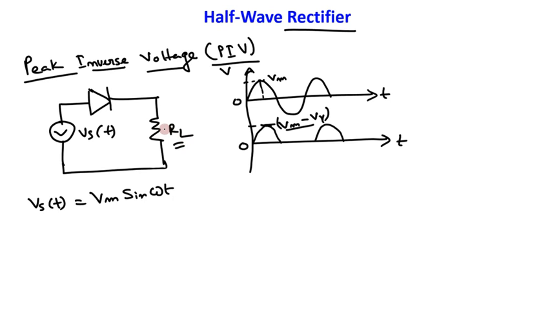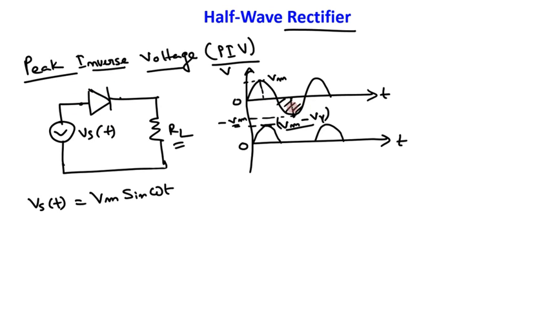Right. Now what is happening in the reverse bias cycle? Here there is no current, so nothing is flowing through this. It is open circuit. That means at reverse bias, the complete Vm, so if this is plus Vm, then this is minus Vm, right? Then this total maximum value of voltage, minus Vm, will be dropped across this diode during the reverse bias.